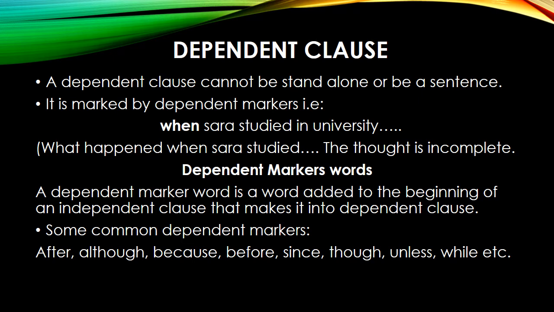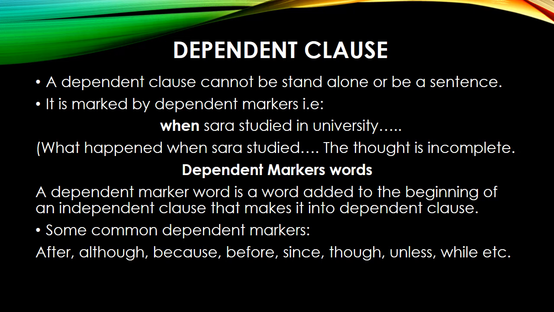So let's see what a dependent marker is. A dependent marker is a word that is added to the beginning of an independent clause that makes it into a dependent clause. See the above example once again. Sarah studied in university.